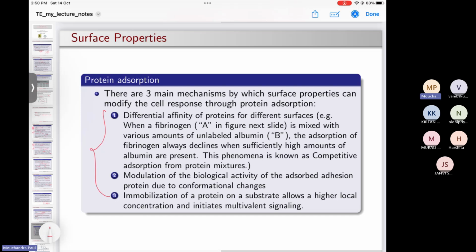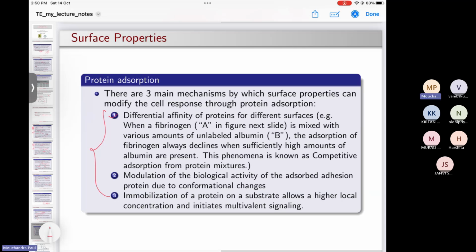The first mechanism is applicable when there are multiple proteins available in a solution, like your serum, which has a large amount of proteins. When it comes in contact with your material surface, how each of these individual proteins gets adsorbed on the surface will affect how the subsequent cells will adhere.